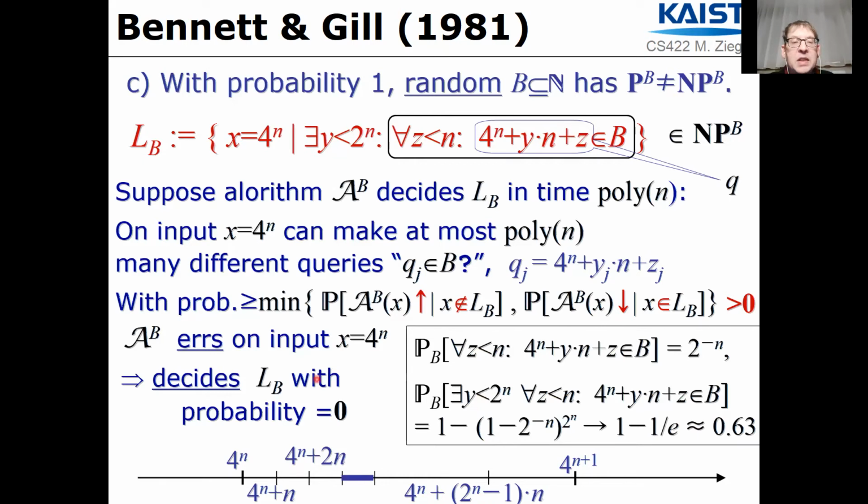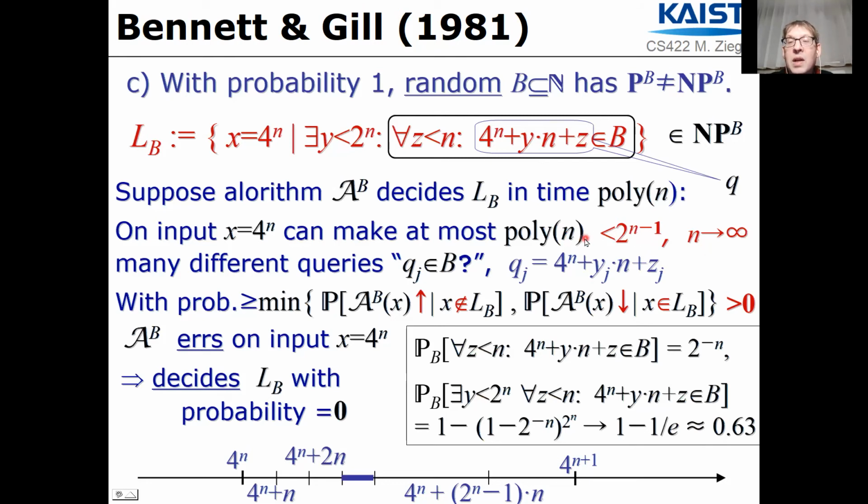And by independence, the probability that the algorithm correctly decides all possible inputs is going to be the product of all these probabilities less than 1, and this product of probabilities less than 1 tends to 0, and thus the algorithm with certainty makes some mistake on some possibly sufficiently large input. And this uses the observation that the algorithm can make at most polynomially many queries, which is less than the number of queries it intuitively, information theoretically, must make as n is sufficiently large.